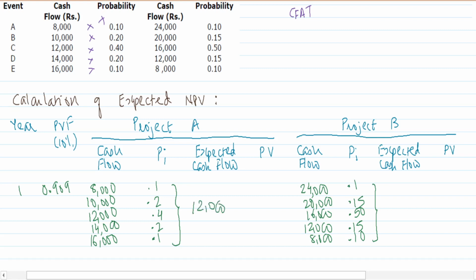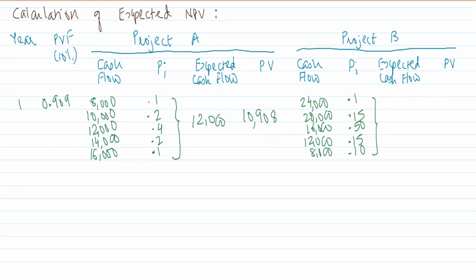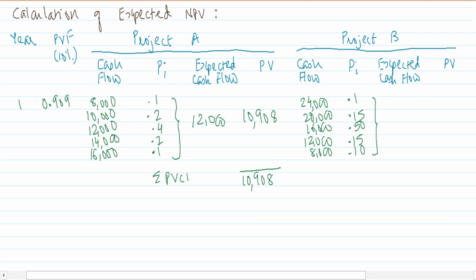And then discount it at 0.909. So I get 10,908. So sigma PVCI is 10,908, less present value of the cash outflow.